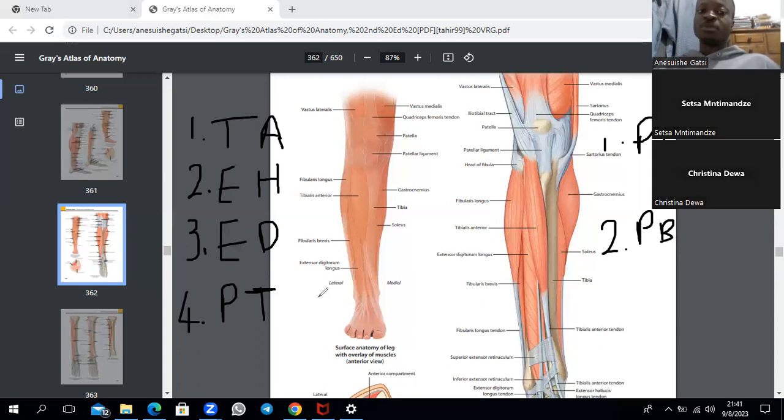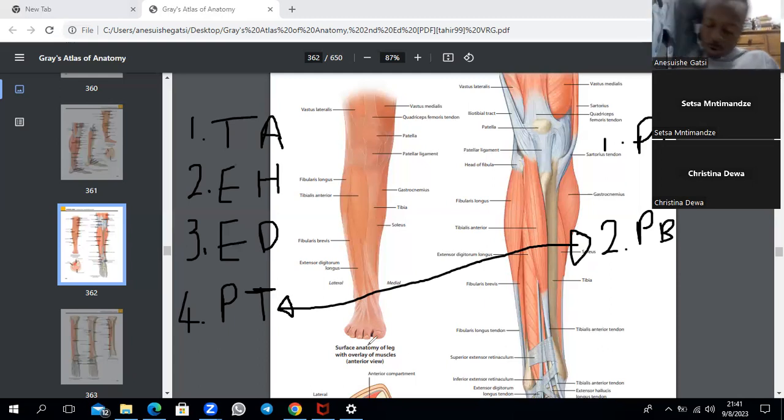For example, peroneus tertius and peroneus brevis have the same insertion. Peroneus tertius inserts into the base of the fifth metatarsal. That is the base of the fifth metatarsal of the small toe. Peroneus brevis is the same insertion.